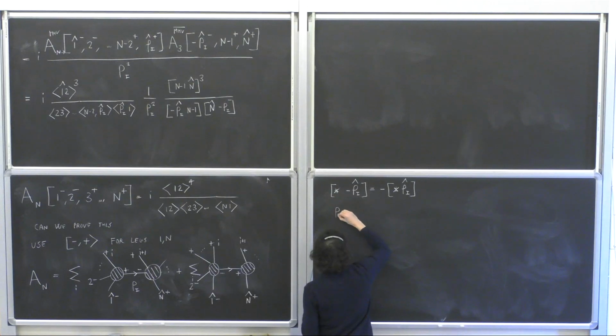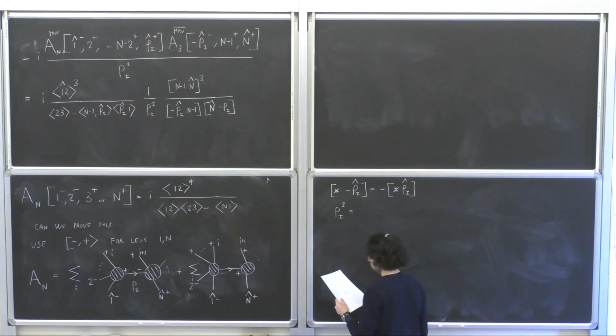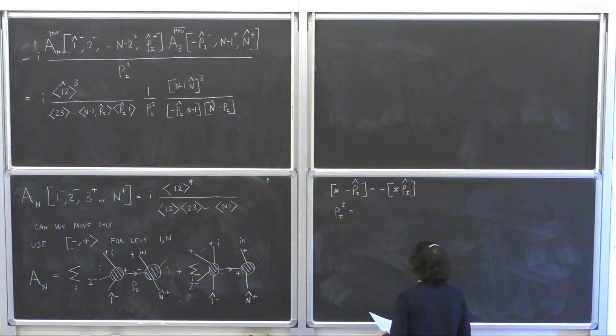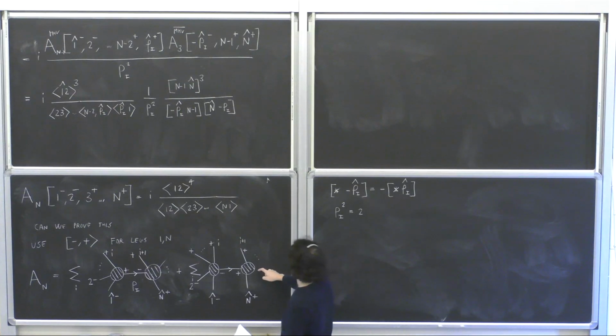The other thing I want to say is that for P_i squared, we are using momentum conservation for the unshifted momenta, because remember, this is not shifted. Otherwise, it would be a 1 over 0 singularity. And so this is by momentum conservation, which is very simple at 3 points here.